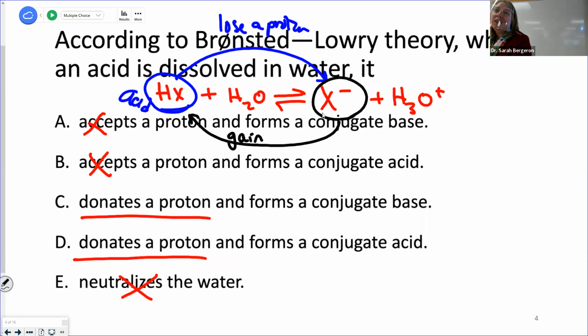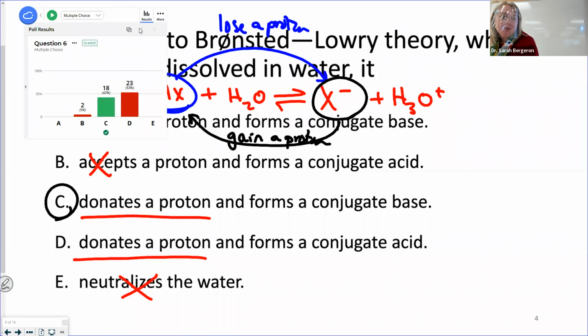I'm gaining, or accepting, a proton. What's the definition of something that accepts a proton? It's a base. So an acid donates a proton and forms, and we call it now a conjugate base, but it forms a base. So it should have been C.